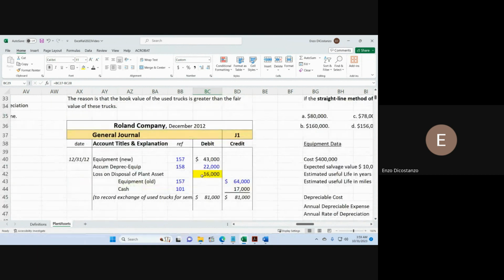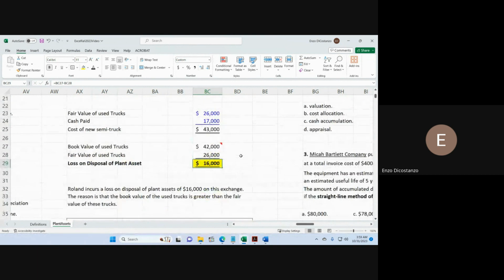All right, it's the same 16,000. It's really what happens in here too. There's your 26.